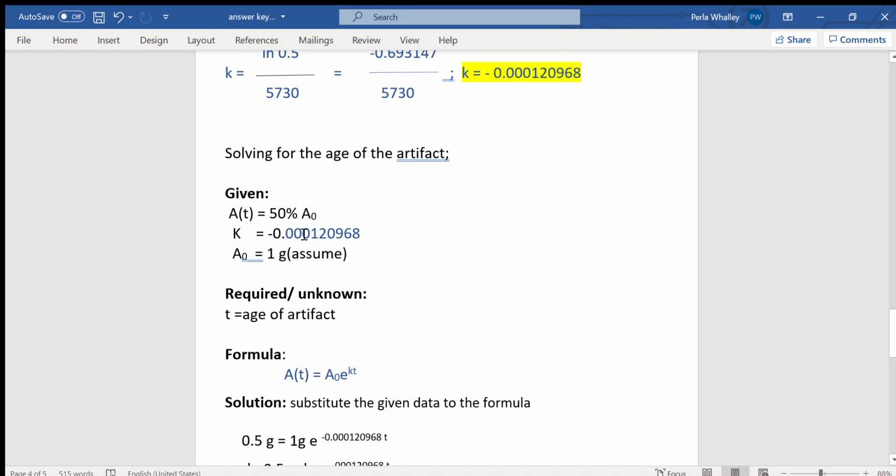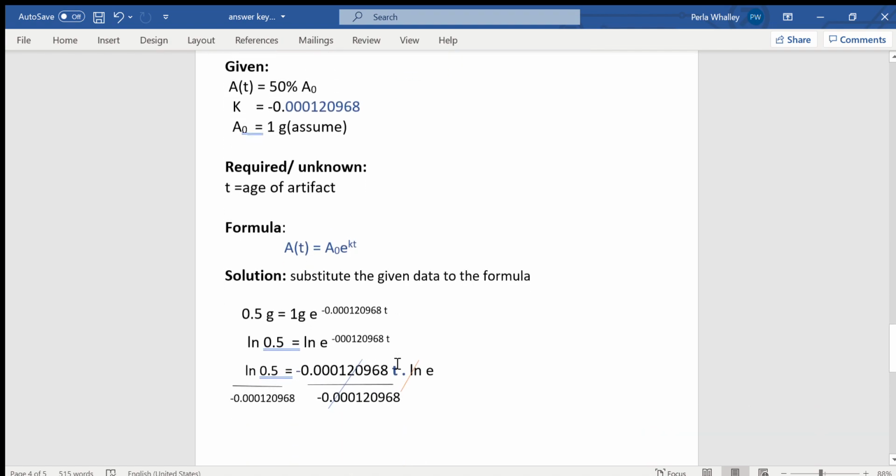And again, we assume that the initial amount of carbon-14 is 1 gram. Then let's go to the required or the unknown. It is the time or the age of the artifact. How many years does it take to have 50% of the original amount?